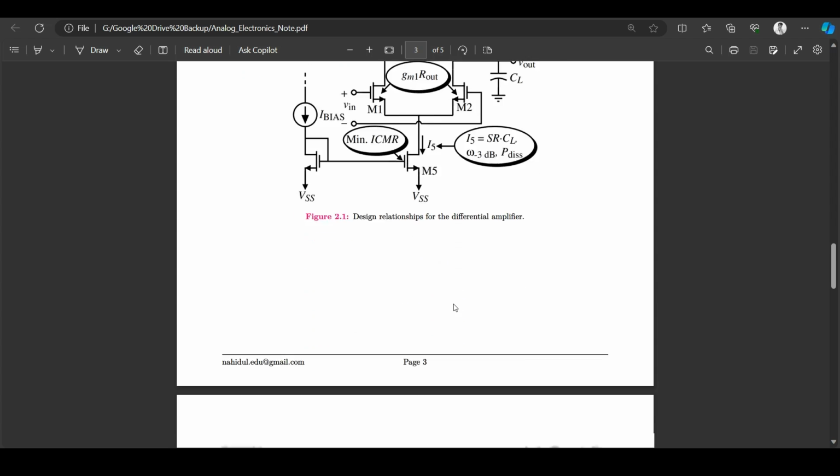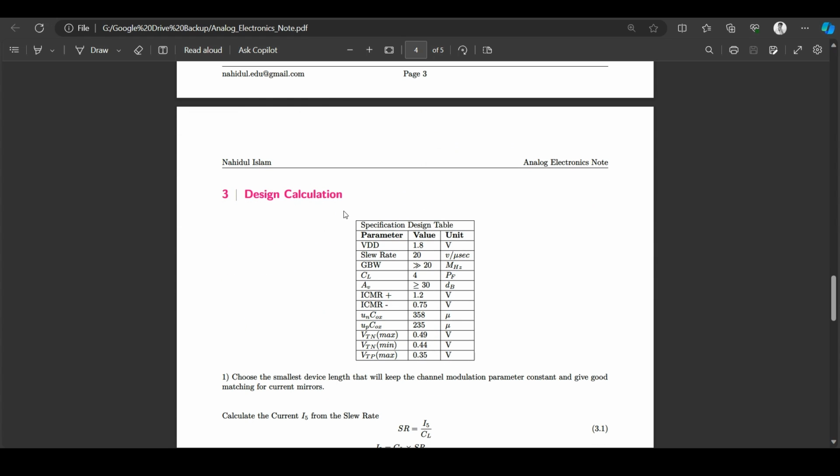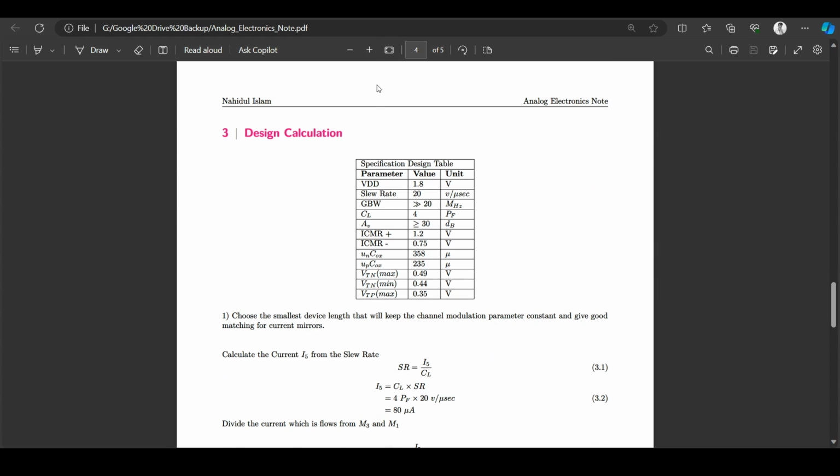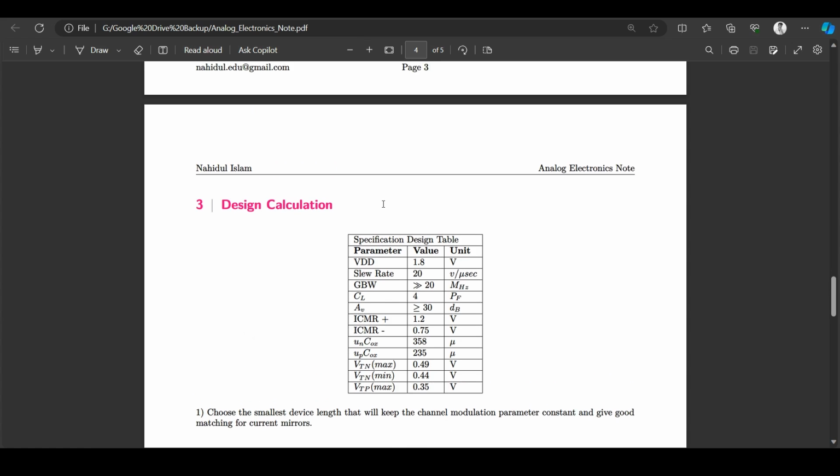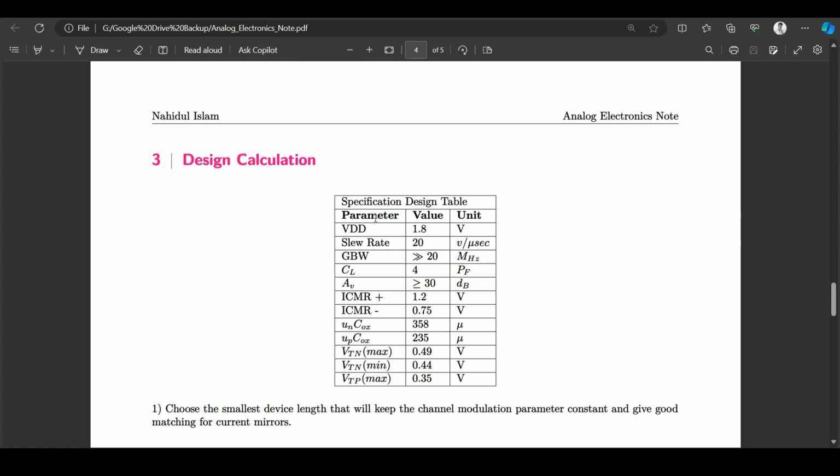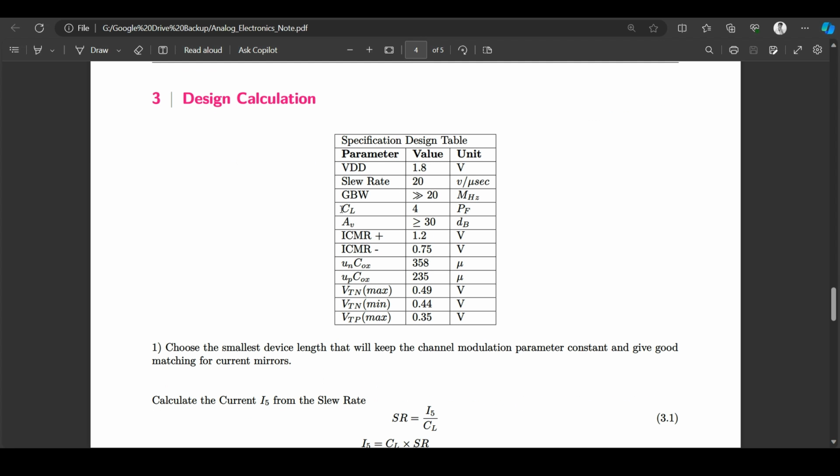So if I show you the specification for our design amplifier, basically you can see here the VDD is 1.8 volt, the slew rate is 20 volt per microsecond, and the gain bandwidth product is greater than 20 megahertz, and the load capacitor is 4 picofarad.